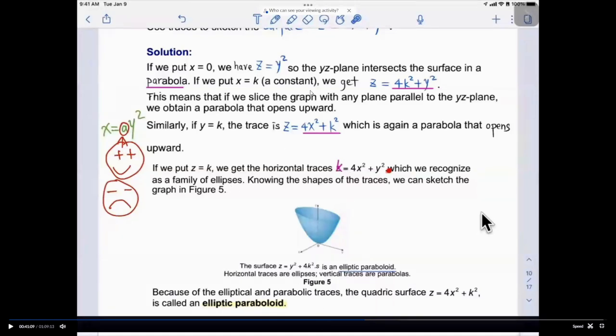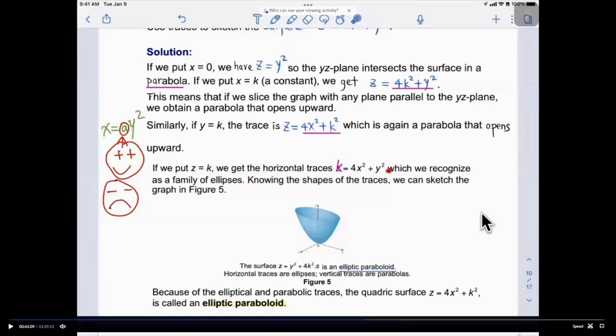Now, after you know the shape of the traces, you see here it's going to be a parabola, and then also a parabola like this, and then this will be an ellipse. Then you can sketch the surface. And what do you call this surface? Elliptic paraboloid.